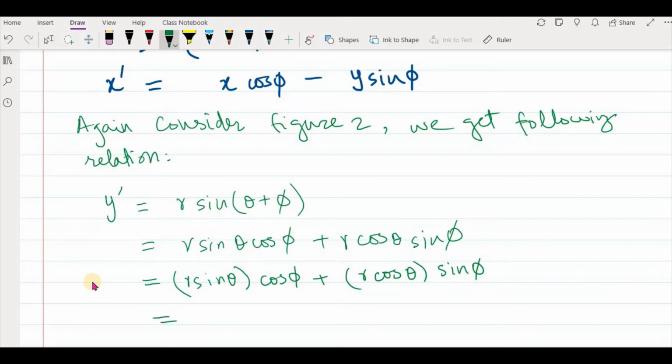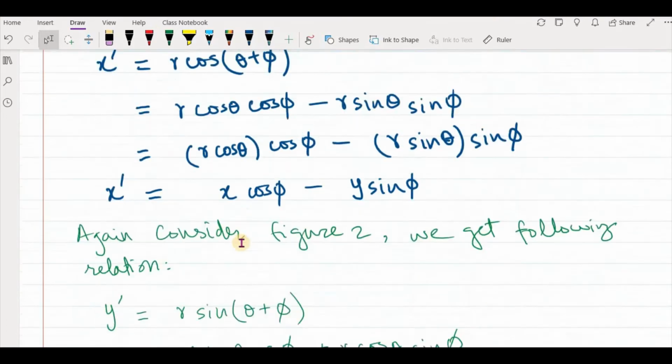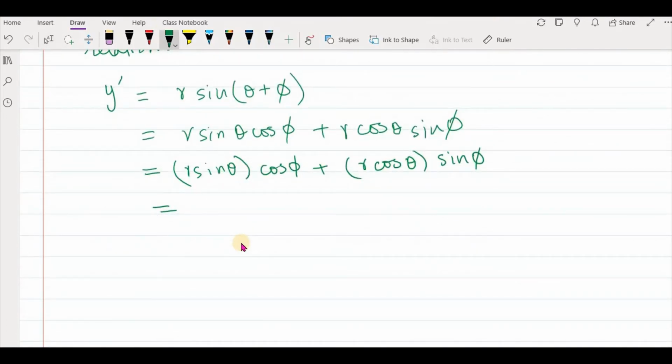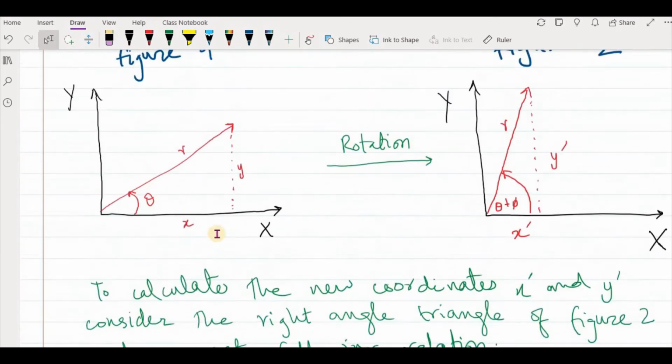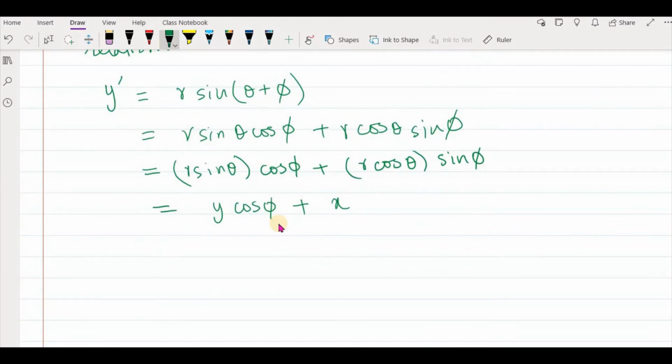R sine theta, from the figure it's clear that r sine theta is equal to the y component of r. So we can write it down like here, this is y and this is cosine of phi, plus r cosine theta, this is equal to the x component in this right angle triangle, so we can write it down x sine of phi.